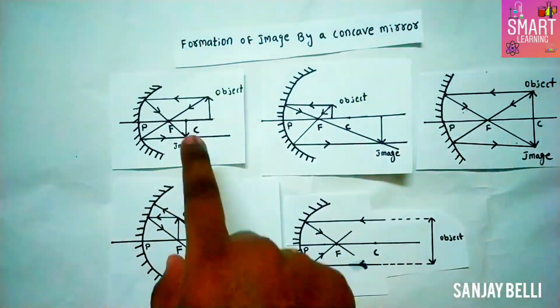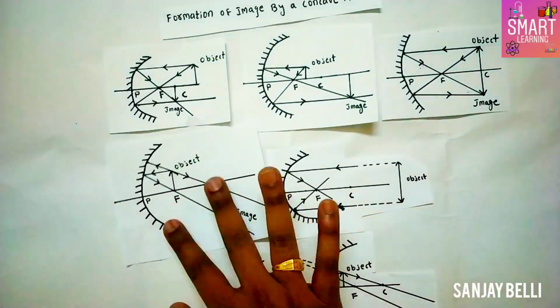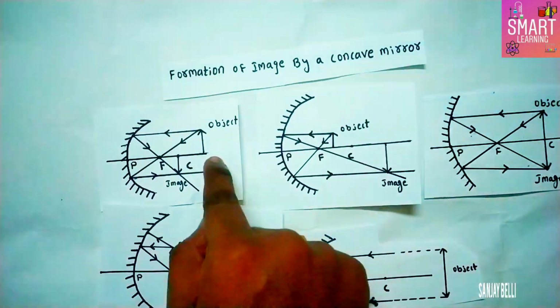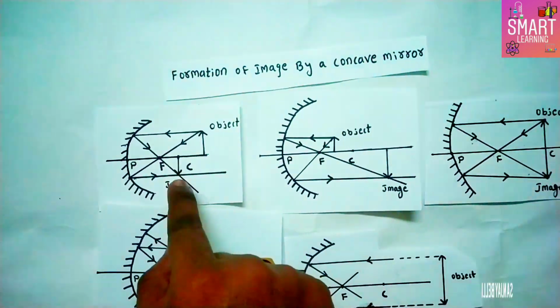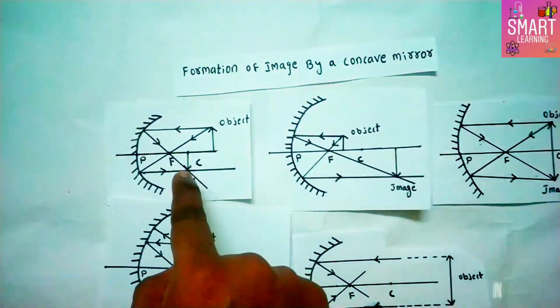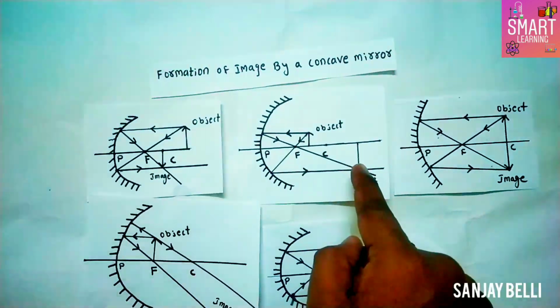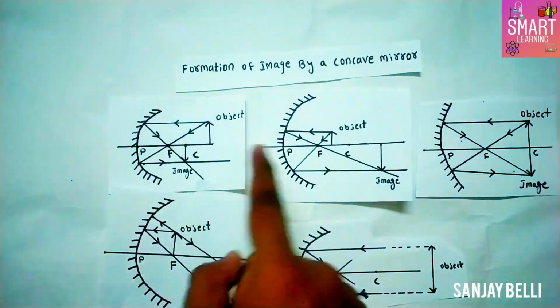Once again you can see, these are the 6 ray diagrams we drew here. The first one you see: object beyond C, image between F and C. Opposite: if you place an object beyond C, the image will be between F and C. If you place it between F and C, the image will be obtained beyond C. Remember, these two are very easy.